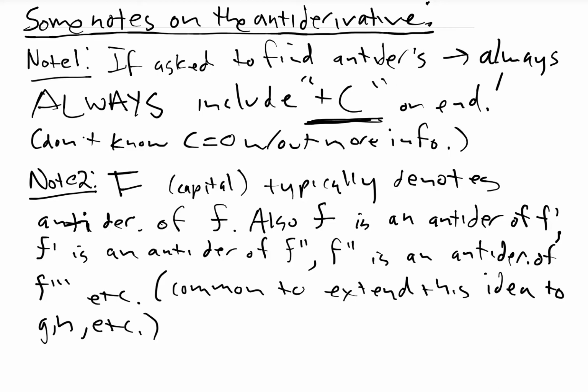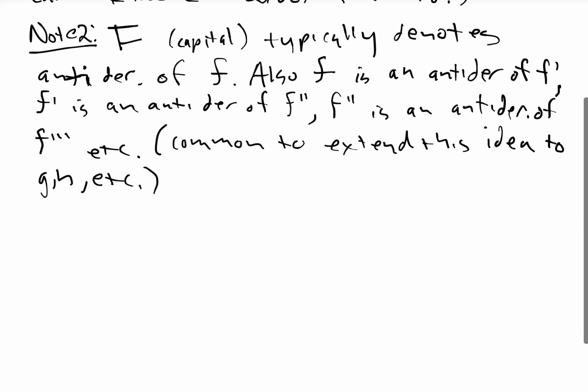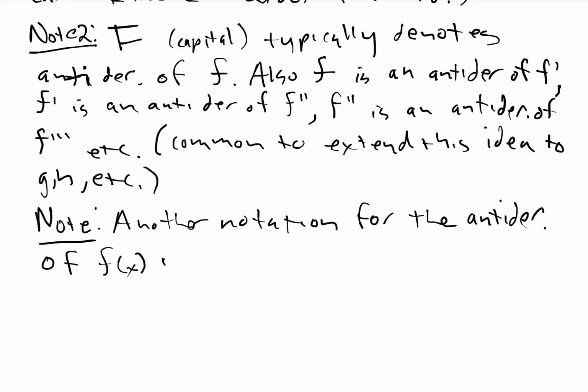Another final comment that I want to make on the antiderivative, and I will scroll down to give myself a little bit more room here. Another notation for my antiderivative. Okay, so I'll specify for the antiderivative of a function, little f of x, and I will specify with respect to the variable x.